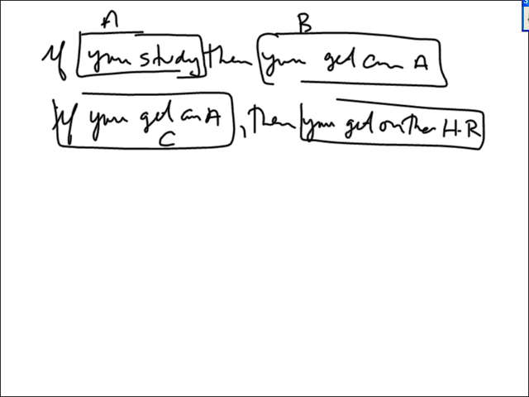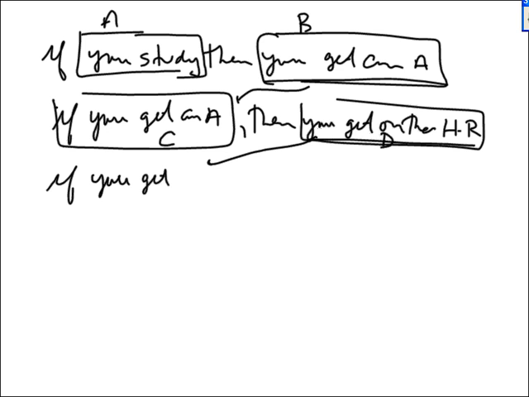And these two statements I'll call C and D. Next statement. Notice how whatever the conclusion is, then you study, I start off with that next. Then you get on the honor roll, I'm going to start with that next.